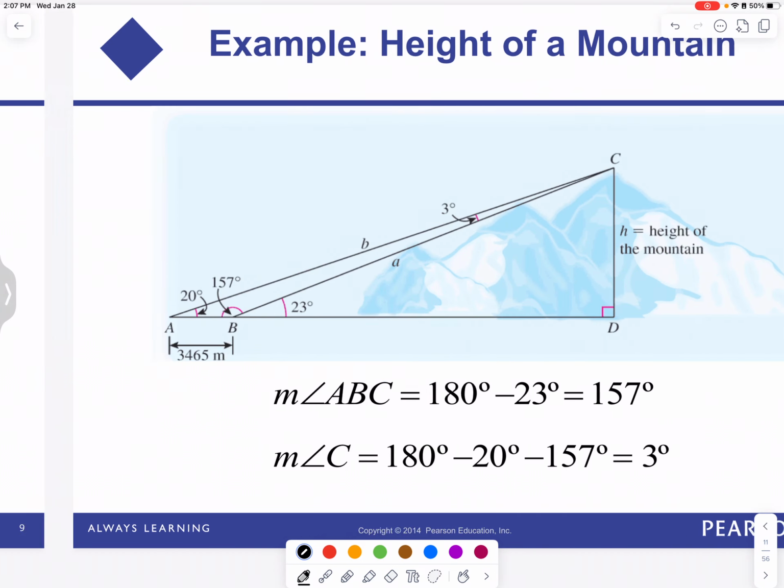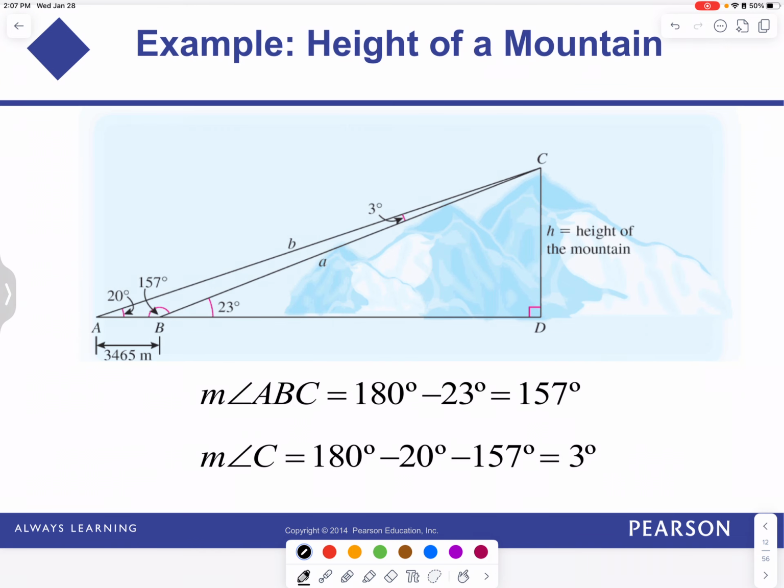So I think we have a picture. I'm just going to use my picture. So we have our first point, and she gets the angle of elevation to be 20 degrees. She walks 3465 meters in a direct straight line towards the base along the straight line of sight. And then she gets the angle of elevation to be 23 degrees. All right. So then we find the supplementary angle to 23 to be 157.